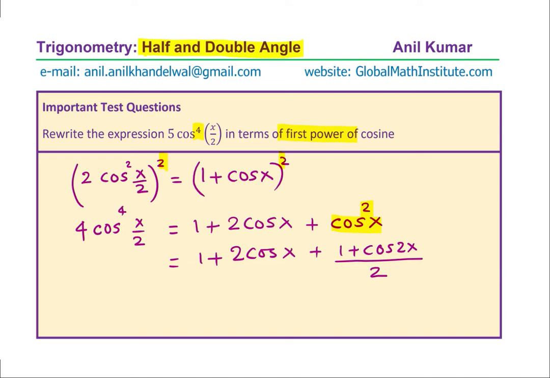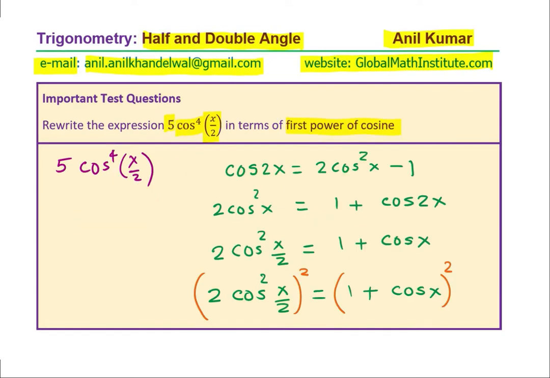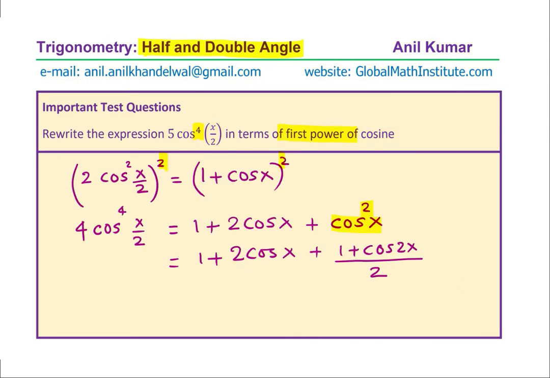Is that clear to you, right? Well, that's the formula we began with, right? That is to say, cos square x is 1 plus cos 2x divided by 2, correct? So we reuse this particular formula and write our expression as shown here.